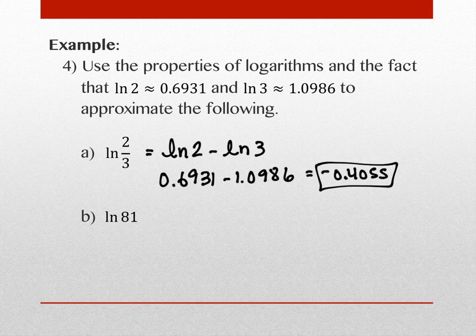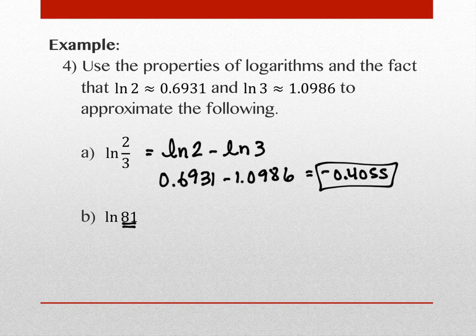Okay, how about natural log of 81? I've got to change this into something that uses either natural logs of 2s or natural logs of 3s. So there's got to be a way of expressing 81 using 2s or 3s. Any thoughts?